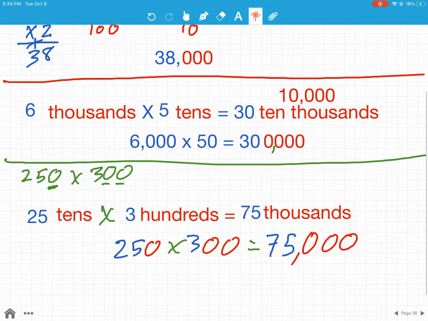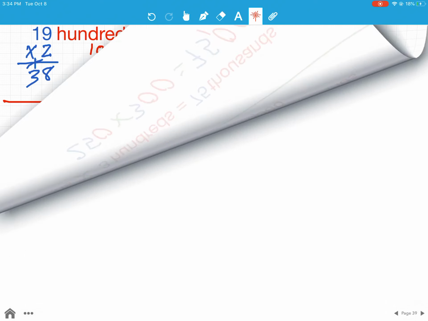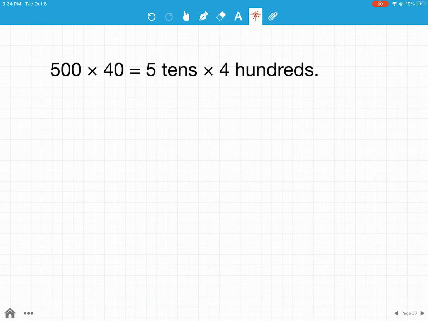We're going to go to another example. This time we are going to talk if it's true or false. Is 500 times 40 equal to 5 tens times 4 hundreds? Alright, so the first thing we need to do, we could put them all the same. So this is, oh, actually, I'll show it to you. We have 5 times 10 times 4 times 100.